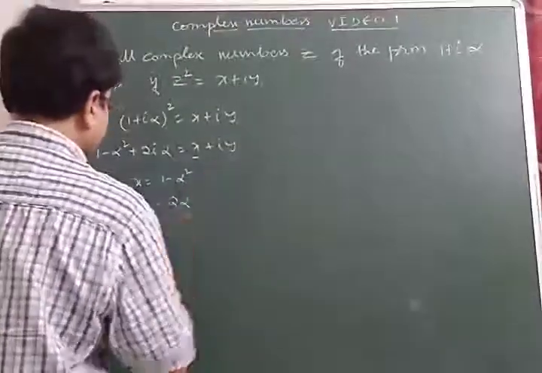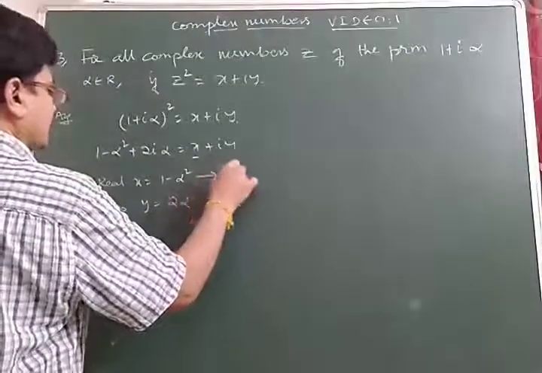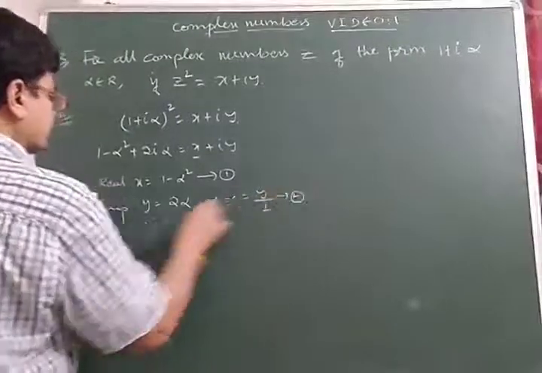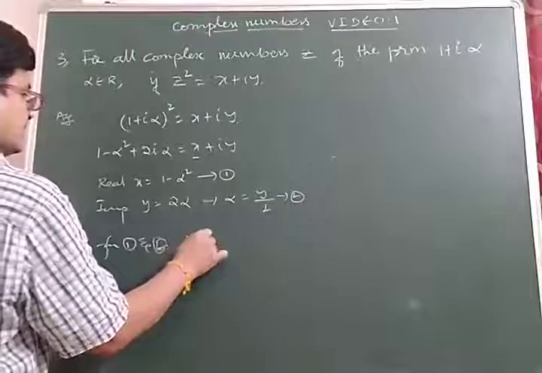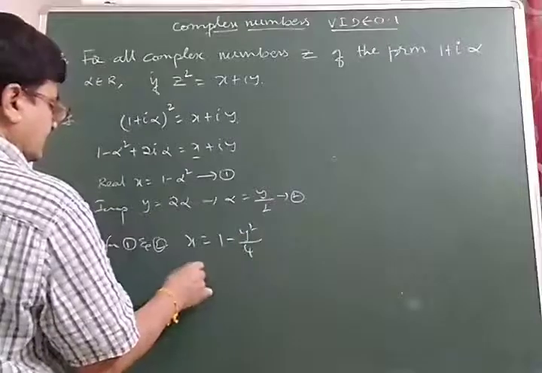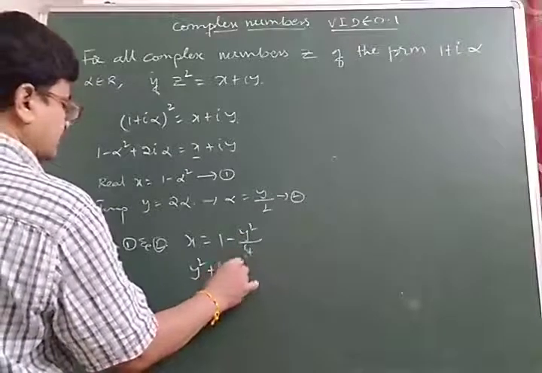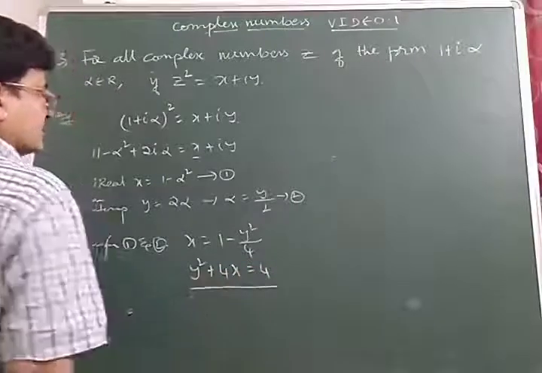From this, alpha is equal to y by 2. From 1 and 2, x is equal to 1 minus y square by 4. Now taking LCM, y square plus 4x is equal to 4 is the answer.